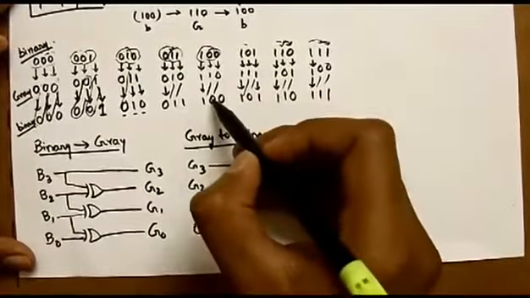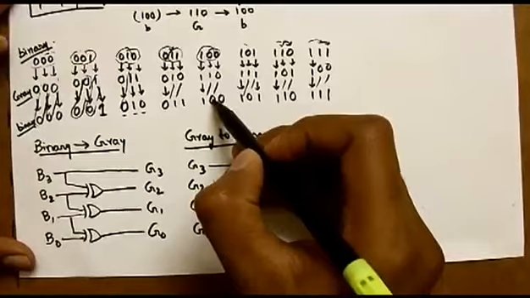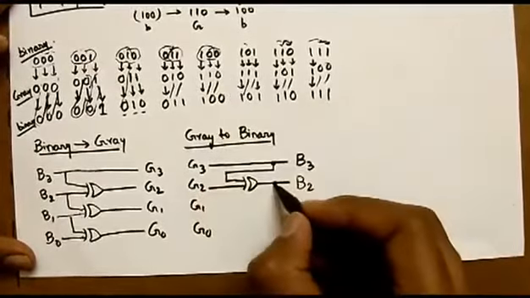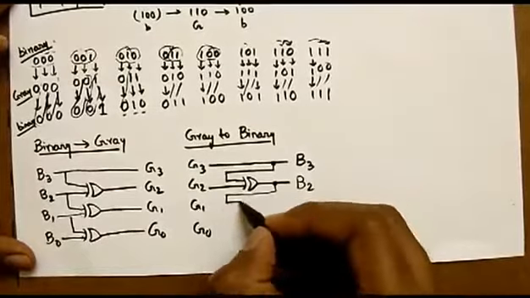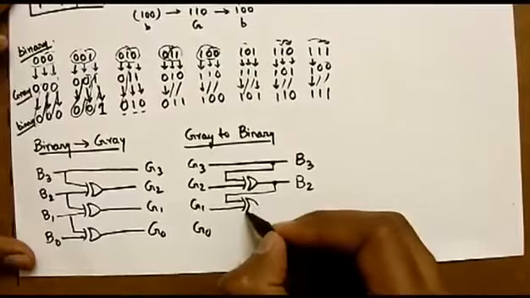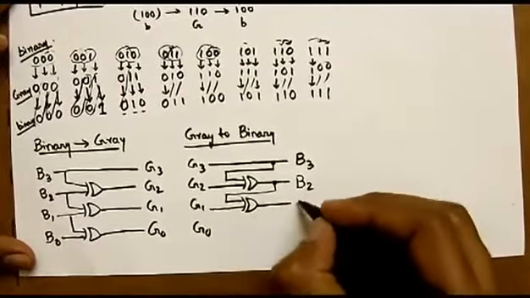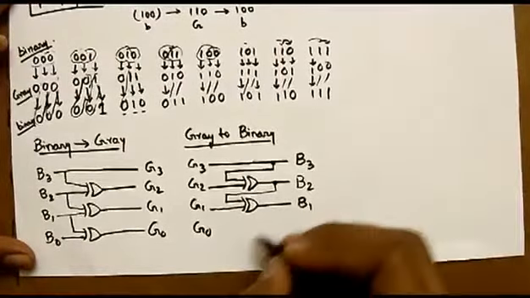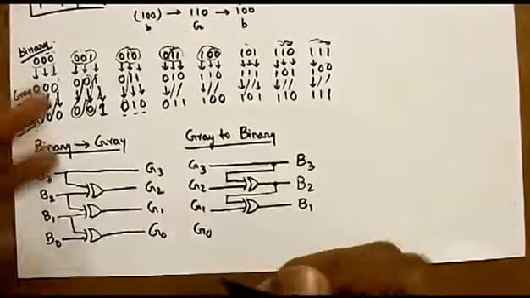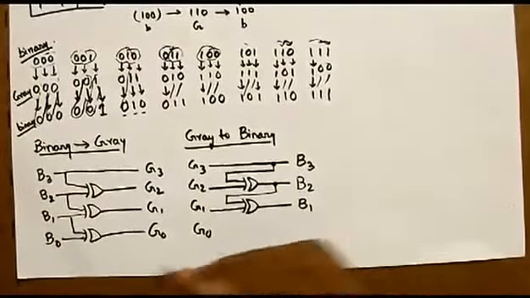The same thing again. After we get this bit, we are XORing it diagonally with the next bit. See guys, I'm using the terms diagonally, horizontally, just for ease of convenience so that you people can remember it easily. But there is nothing like diagonal XORing, it is just XORing of consecutive bits.